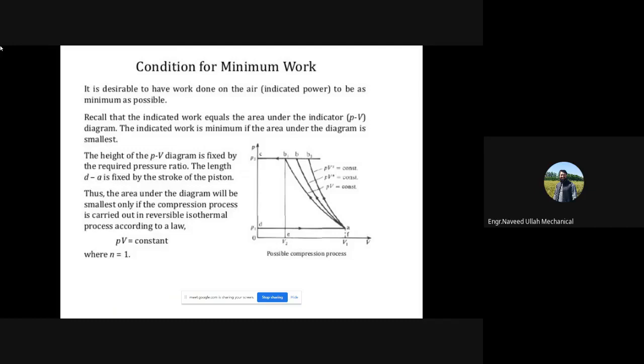Then we showed the diagram or the cycle upon which the reciprocating air compressor works, and obviously we discussed what indicated work and power are, and how to calculate that. And we also solved some examples.